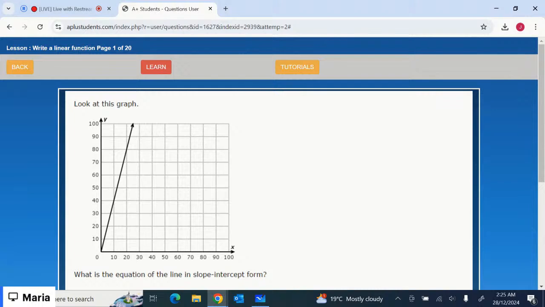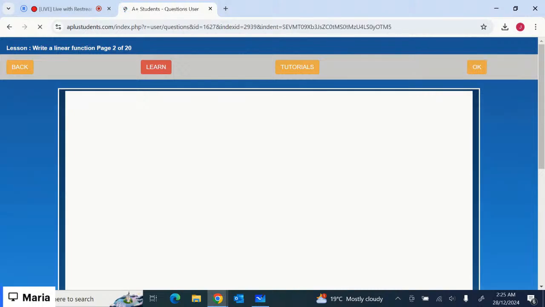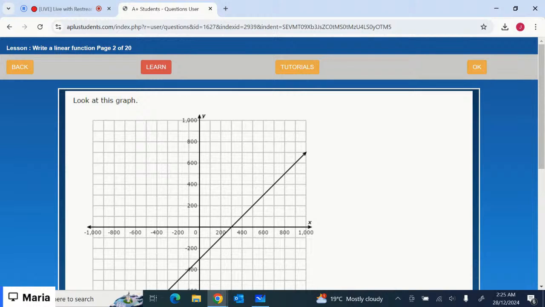Option number 2 is the correct option. Look at this graph.